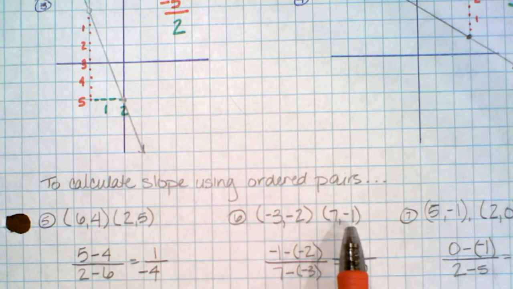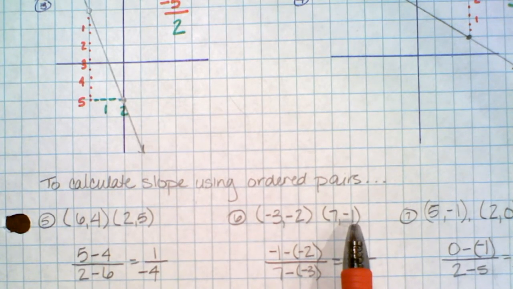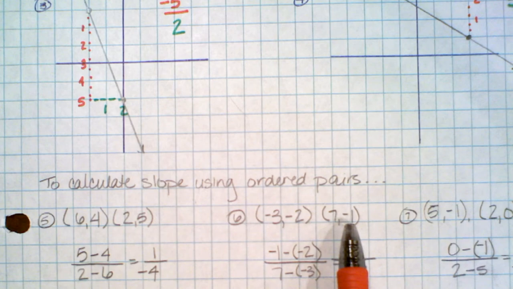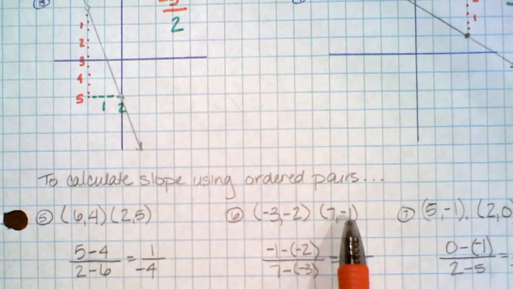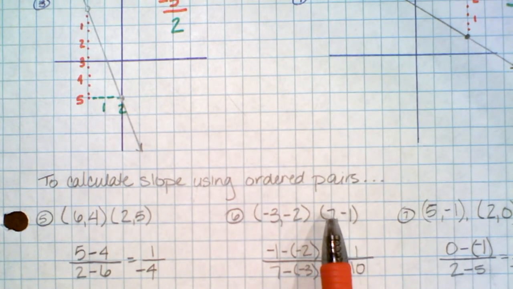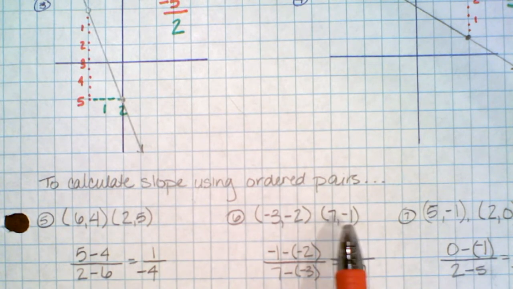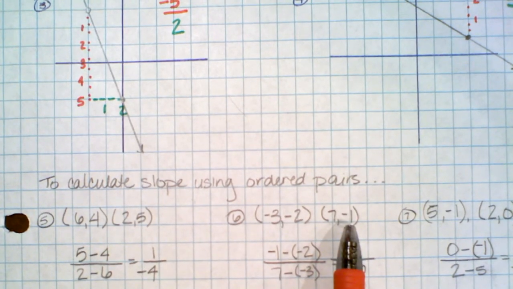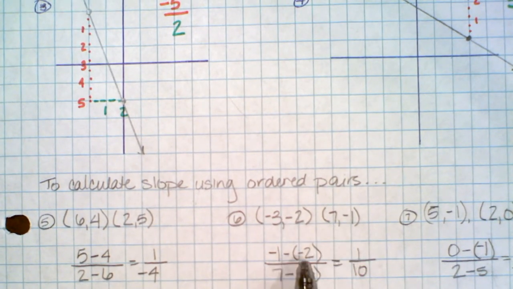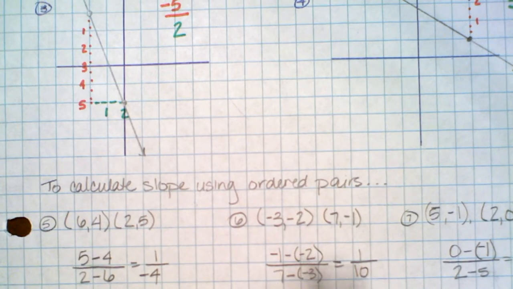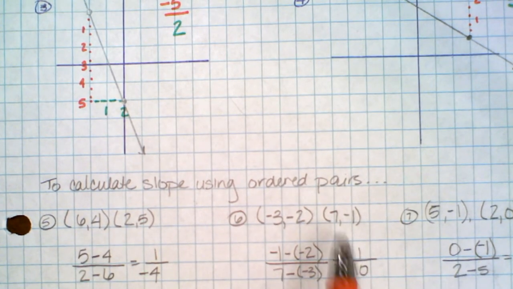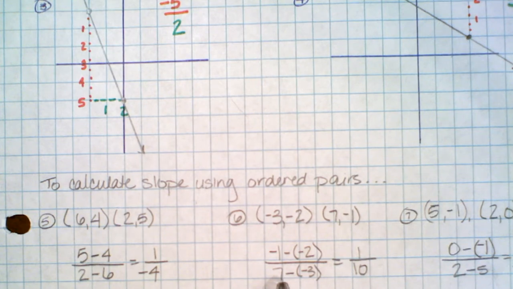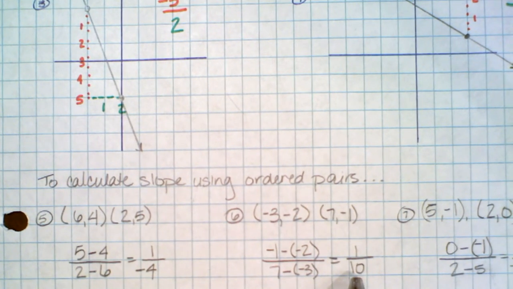It really doesn't matter if this is y2 or y1, as long as if this is y1, then this has to be x1. You can't mix up the 1s and 2s between ordered pairs. They have to be the same one. So here I took this as y2, -1 minus y1, which is -2, which equals +1, over 7 minus -3. And so I have the slope of 1/10.